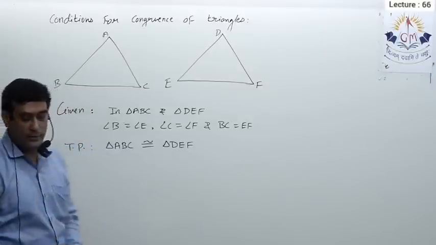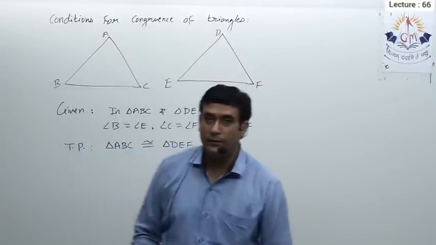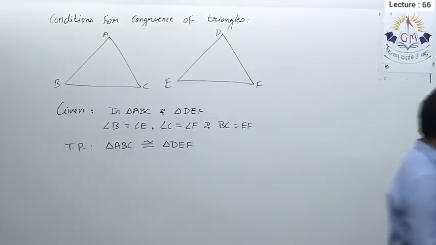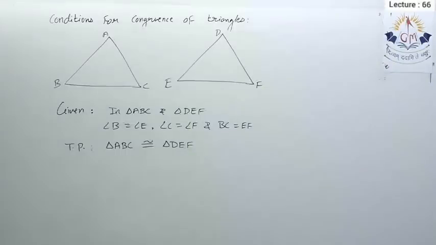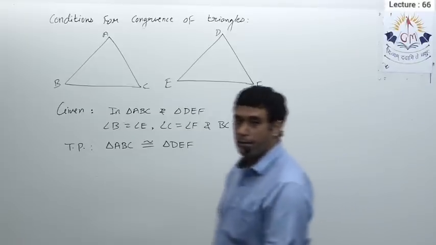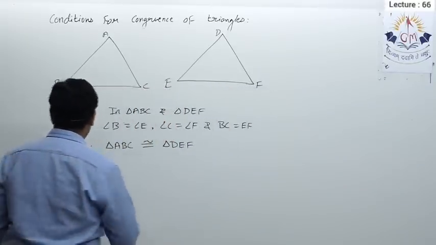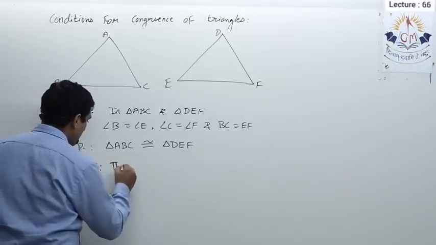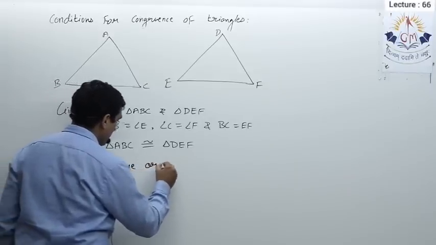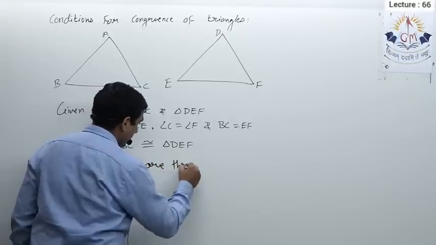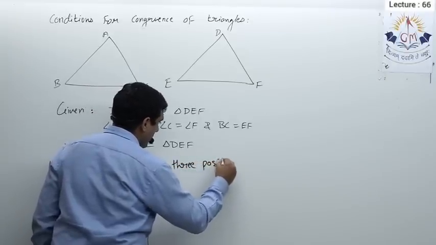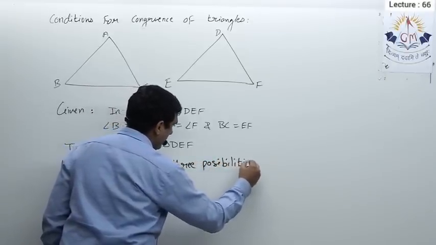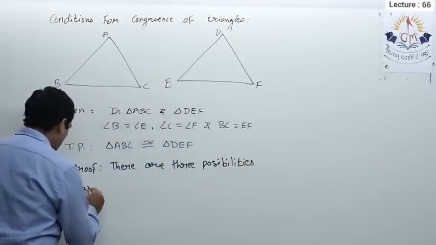So think for a while how we'll proceed to prove it, then I will give you its proof. Okay, now let us see its proof. See, there are three possibilities in this case. So we'll see all three cases.